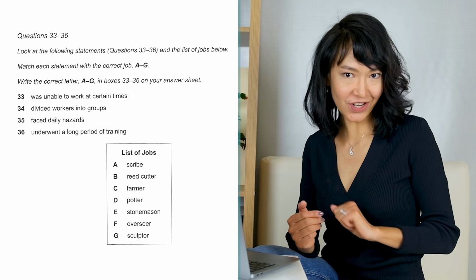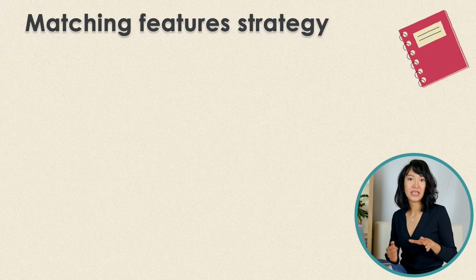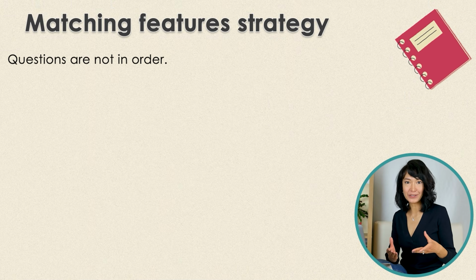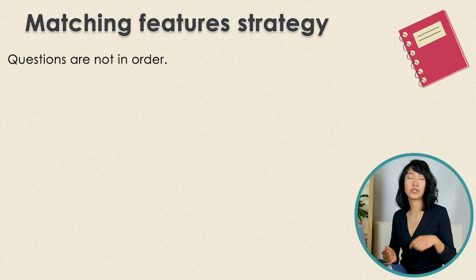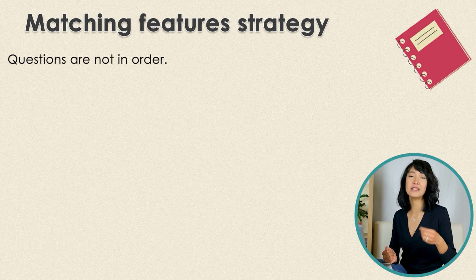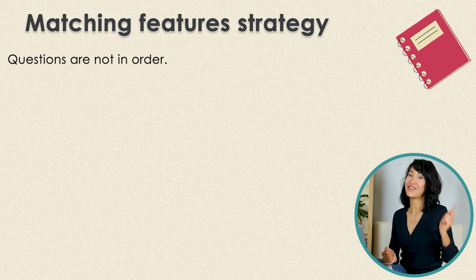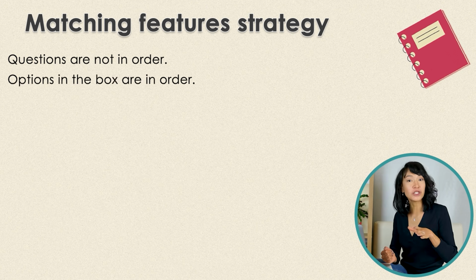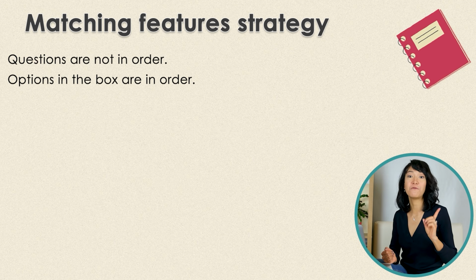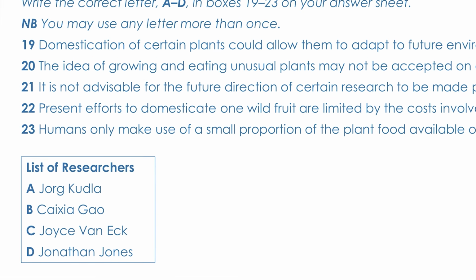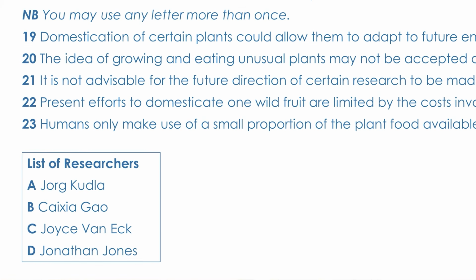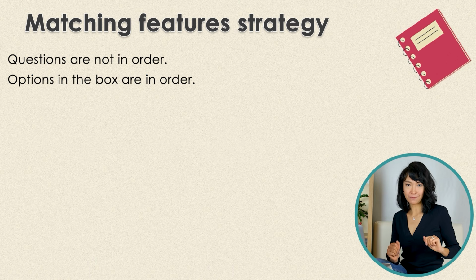So what's the strategy? Firstly, the questions which have numbers are not in order. So don't try to answer question 19 and then 20, 21. It doesn't work. The good news is that options are in order. So first you read about Kutha, then Gao, then Vanek. There is a complication though.